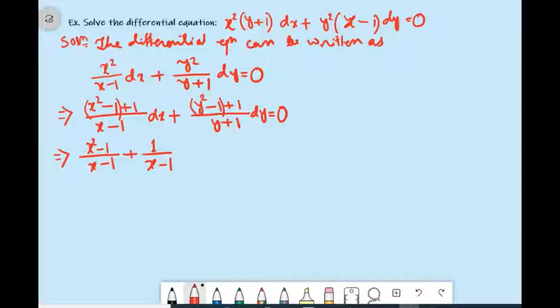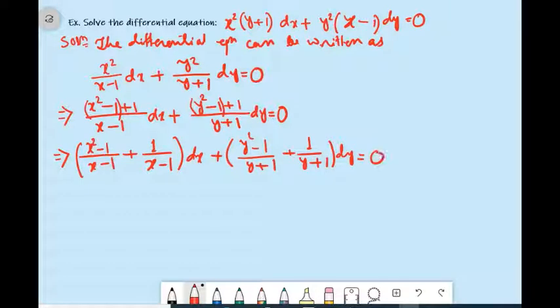So dx can be written as outside. dx plus this one also (y² − 1) by (y + 1) plus 1 by (y + 1) into dy which is equal to 0. Again, this x² − 1 can be written as (x + 1)(x − 1).